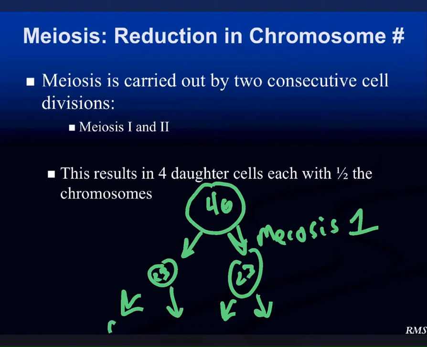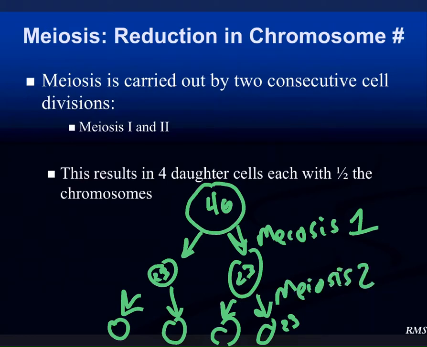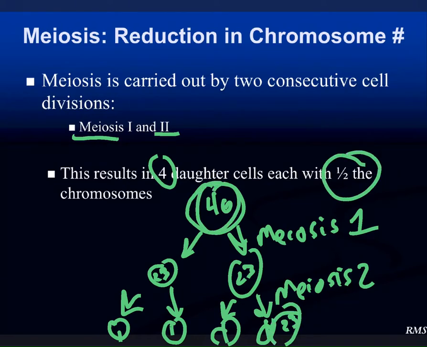They will both divide again into 4 cells, and they all have 23 chromosomes. And this one is called meiosis 2. So there's meiosis 1 and meiosis 2. In the end, you get 4 cells with half the number of chromosomes: 46, half of that is 23. So there's 23 here, 23 here, 23 here.